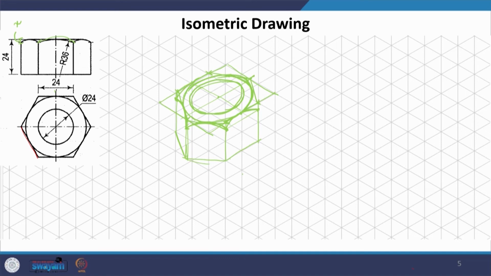So, this is slightly depressed here. So, this is how you are going to see this, again depressed here and like this. That is how we will be drawing this. So, what we will actually see, I will draw the front part of this nut, is like this.